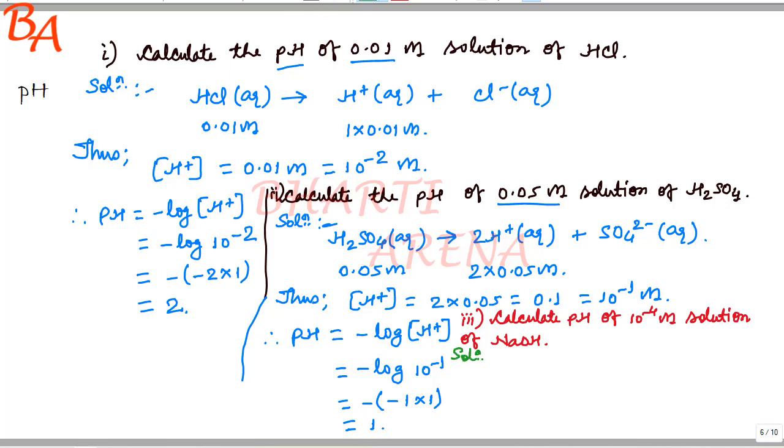So its solution, sodium hydroxide dissociates like this one, sodium ion aqueous plus hydroxyl ion aqueous. So the concentration of sodium hydroxide solution is 10 to the power minus 4 molarity. So the concentration of hydroxyl ion will be 1 into 10 to the power minus 4 molarity as well.